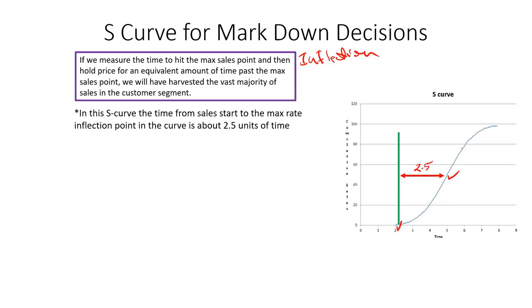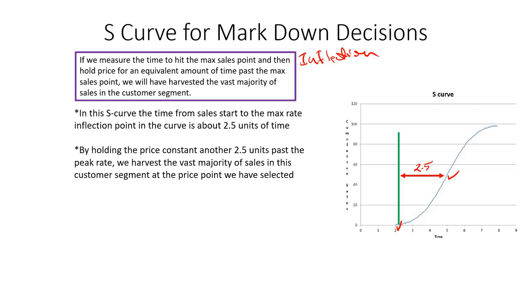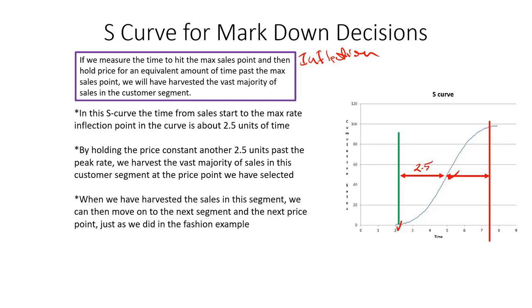It could be 2.5 weeks, it could be 2.5 months, whatever our basic unit of time is. And so what we're saying is, if we hold the price constant for another 2.5 units past the peak rate or the inflection point, like this, then we will have harvested the majority of sales in this particular market segment, whichever one it is.